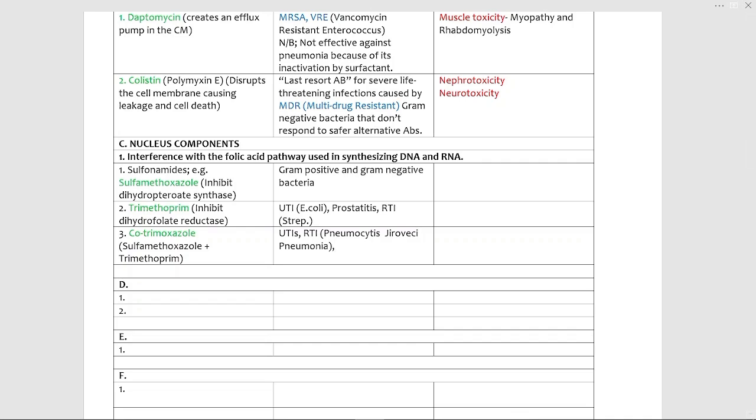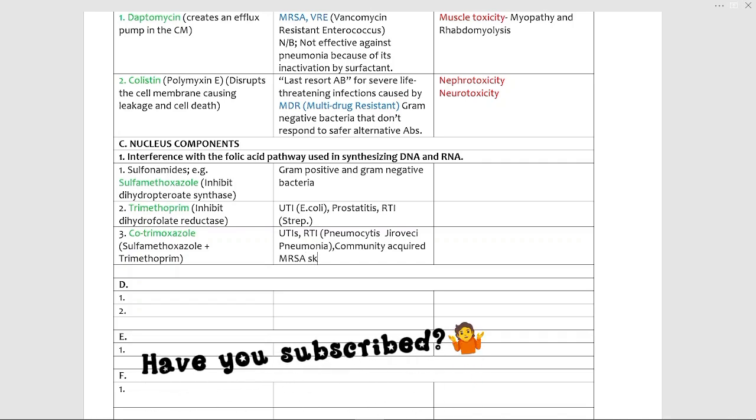Another indication when it comes to using CTX is community acquired MRSA, community acquired methicillin resistant Staph aureus. Also, we may use it for skin infections. So for skin infection caused by MRSA, we can also use the CTX in treating it.